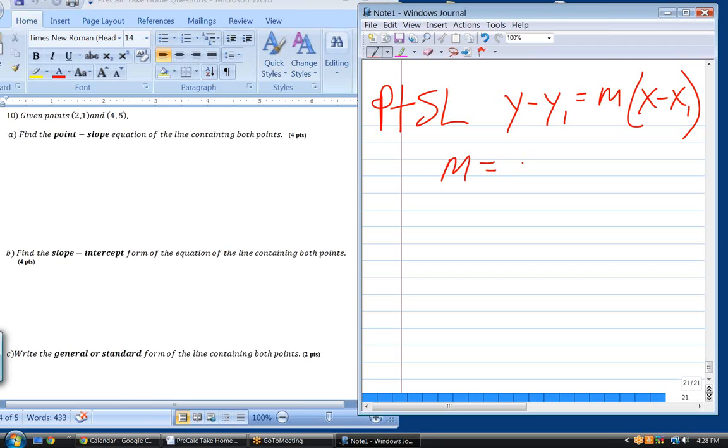What's the word definition of slope? It's rise over run. That's what you always want to remember. You'll never get it wrong if you remember that.